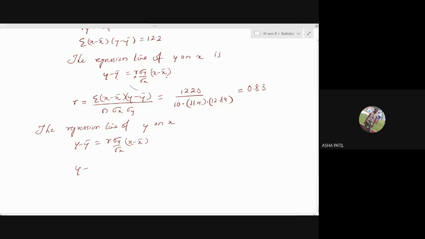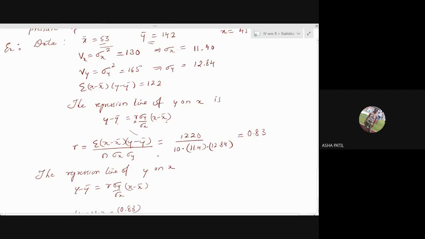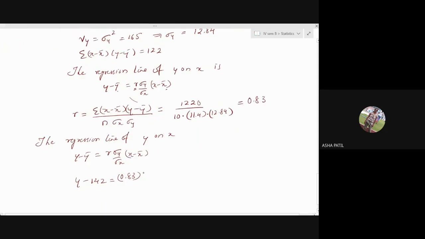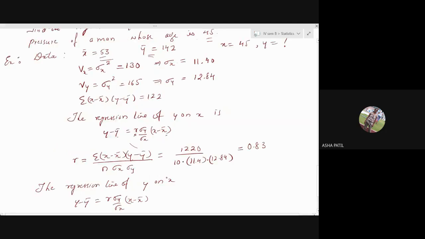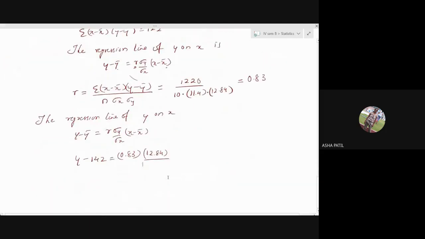Y bar is 142. The r value you just got is 0.83. Sigma y is 12.84. Sigma x is 11.4. And into x minus x bar, the value of x bar is 53.